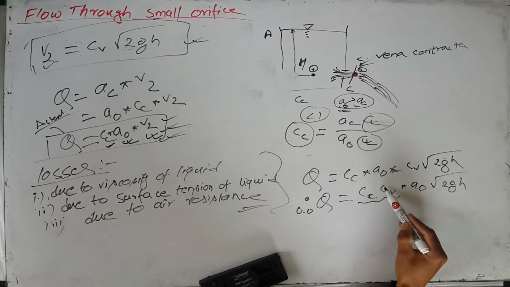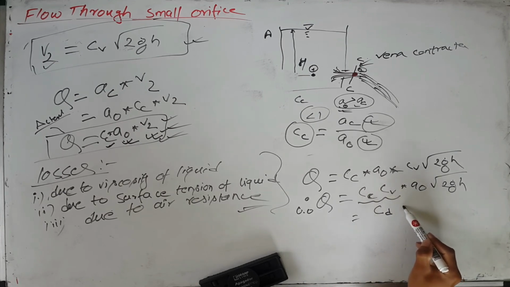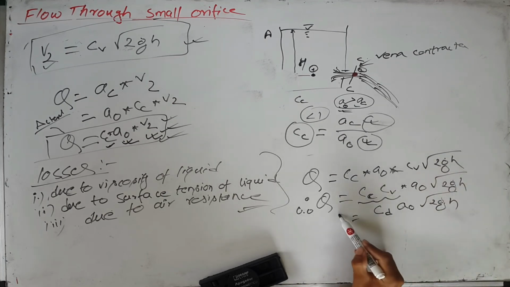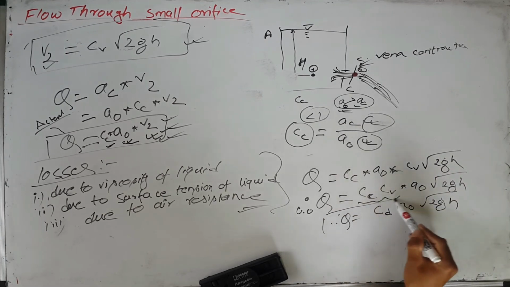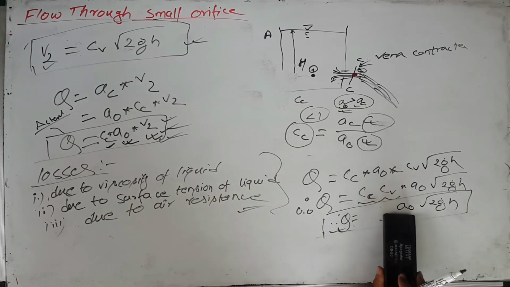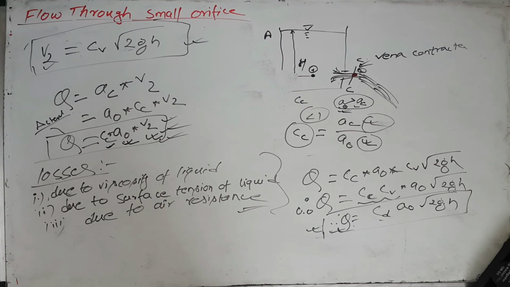Coefficient of contraction into coefficient of velocity is coefficient of discharge. We get the theoretical discharge, and if we put CD, we get the actual discharge through the small orifice. In the next video we will continue our topic with the large orifice.